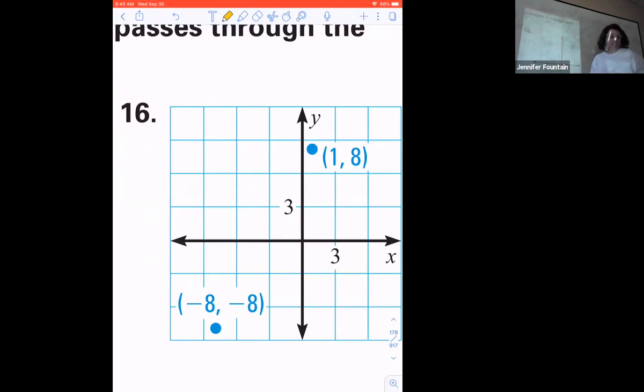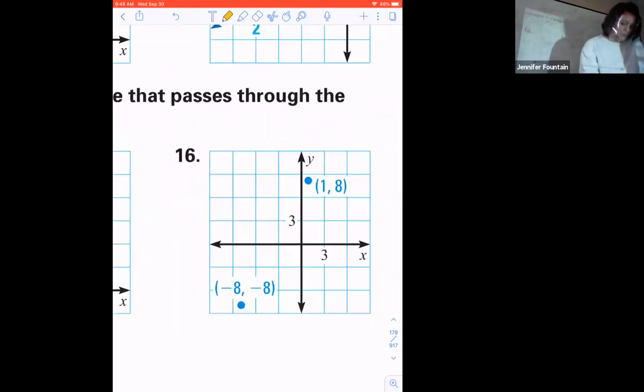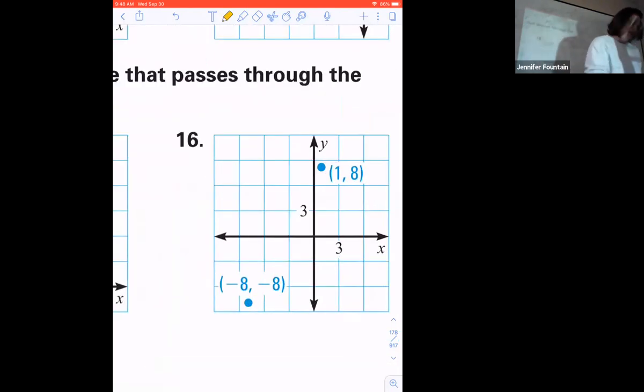So what would you have to do? You'd have to use your slope formula, and you'd find -16 over -9. A negative over a negative is a positive, so you'd have 16 over 9. So you would have to plug that into the formula.